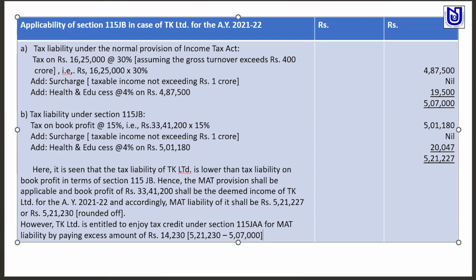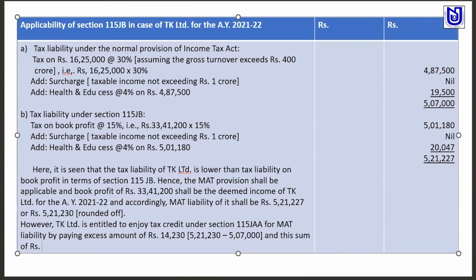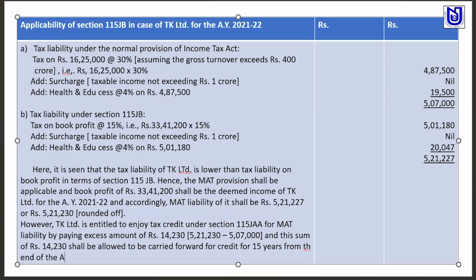By paying excess amount of rupees 14,230, this sum shall be allowed to be carried forward for credit for 15 years from the end of the AY 2021-22.